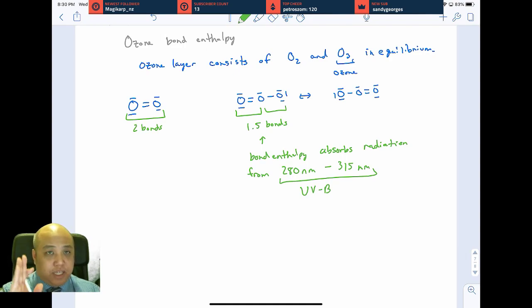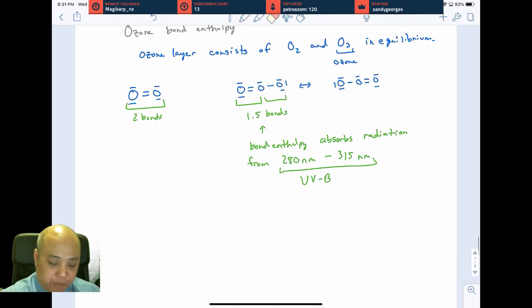But UVB is just the right amount of energy so the wavelength is able to pass through a lot of the atmosphere, and it's high enough energy that it can do damage to your skin over long exposures. That's why people who get sunburns in areas where the ozone layer is depleted have more of a risk of getting skin cancer, because that UVB radiation is what really causes that damage.